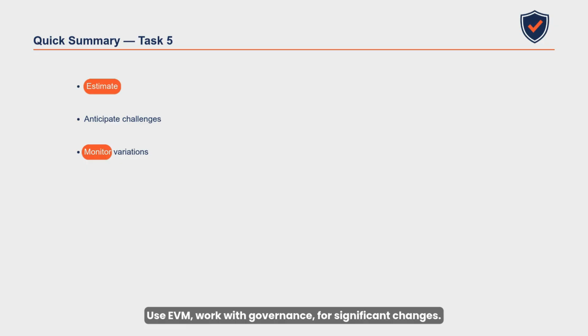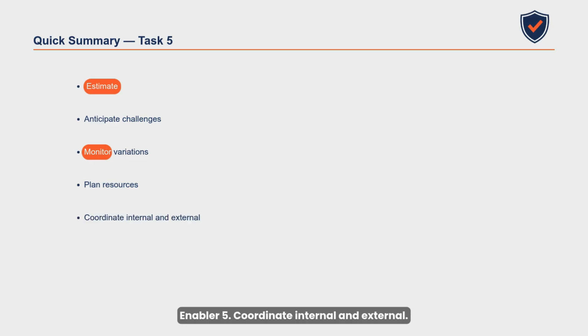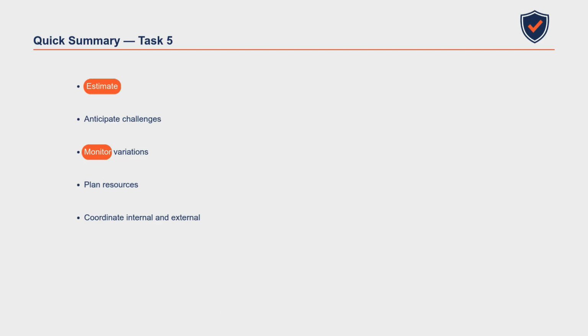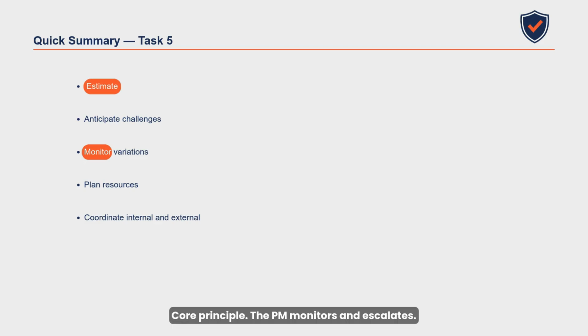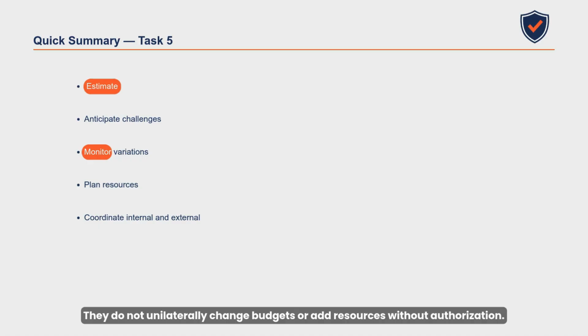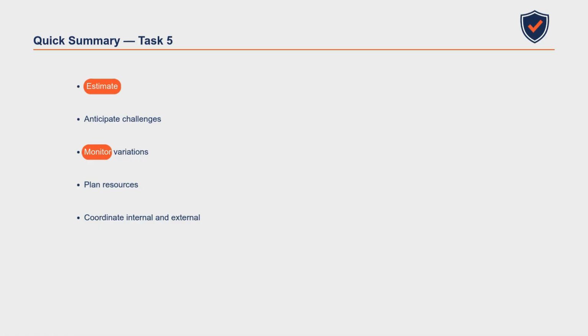Work with governance for significant changes. Enabler 4. Plan resources. Human and physical. Roles, responsibilities, and conflict resolution. Enabler 5. Coordinate internal and external. Contracts govern external resources. Relationships govern both. Core principle. The PM monitors and escalates. They do not unilaterally change budgets or add resources without authorization.